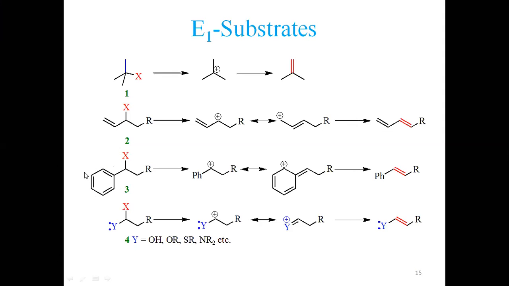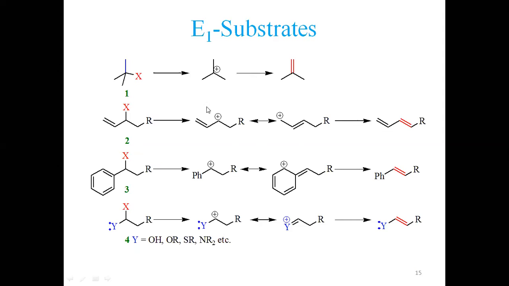Keep in mind this aromatic system shouldn't be a carbocycle only, it may be a heterocycle as well. Or maybe a heteroatom is attached to the same carbon where a leaving group is leaving. So these are different substrates; although they are secondary carbon, they undergo E1 elimination.